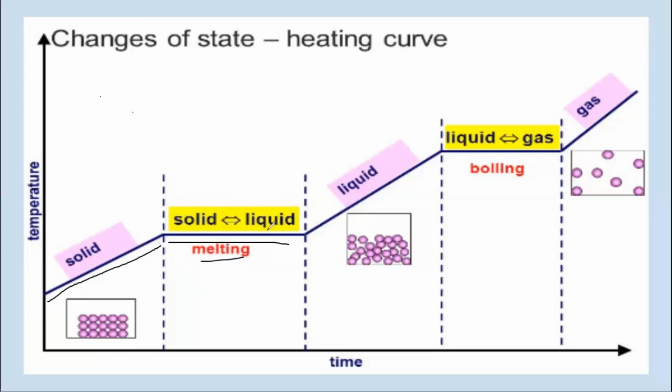Once the entire solid has melted away, the temperature will rise, and then it will not rise again. Why? Because boiling is taking place, liquid is converting into gas. When the entire liquid is converted into gas, then the temperature will rise. So this is called the change of state curve.